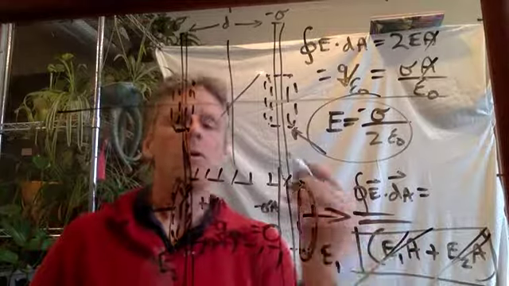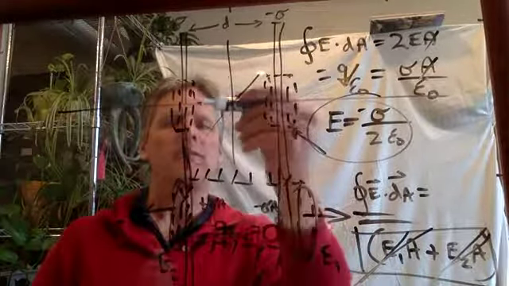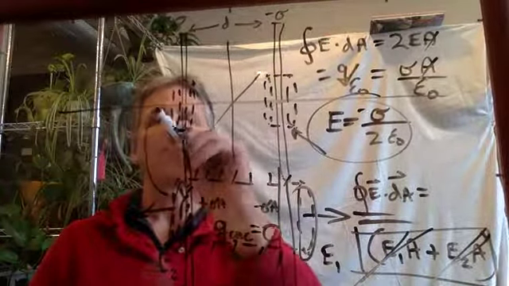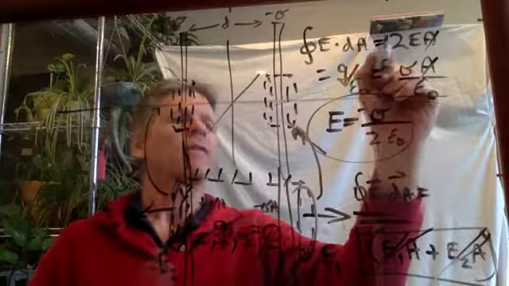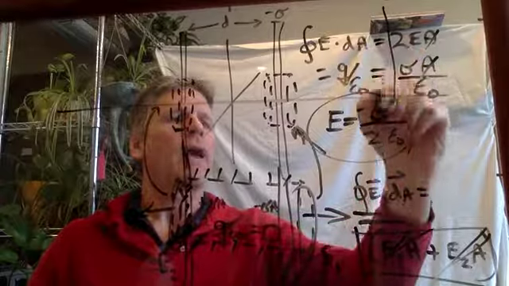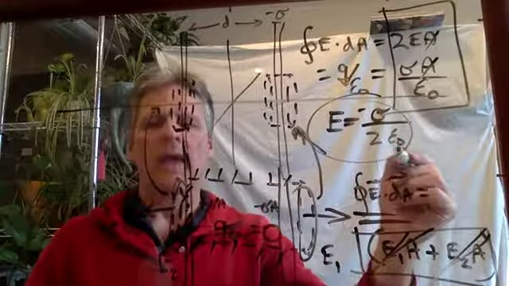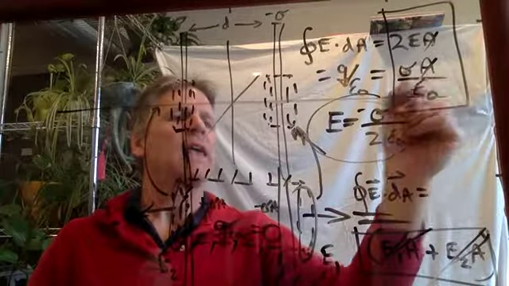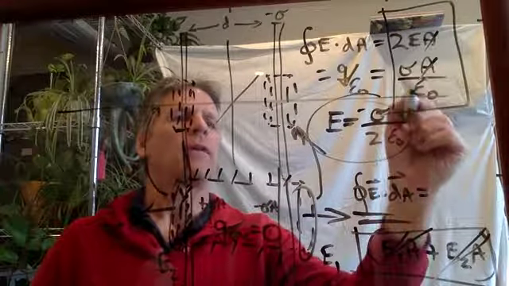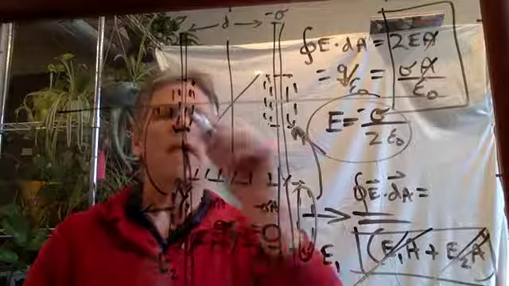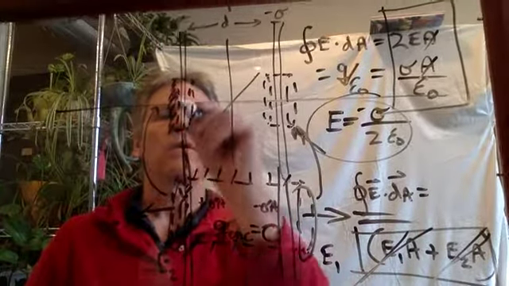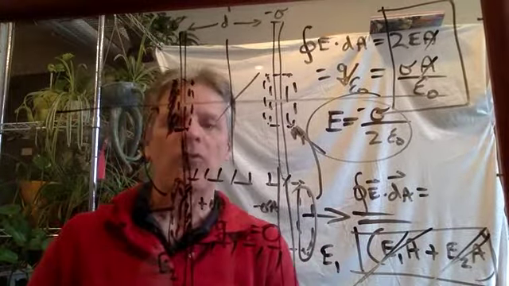Now let's go back to these integrals that we had up here before. What did we decide here? We decided that 2EA equals sigma A over epsilon 0. Except now we know something. Now we know that the E out here is going to make no contribution at all.